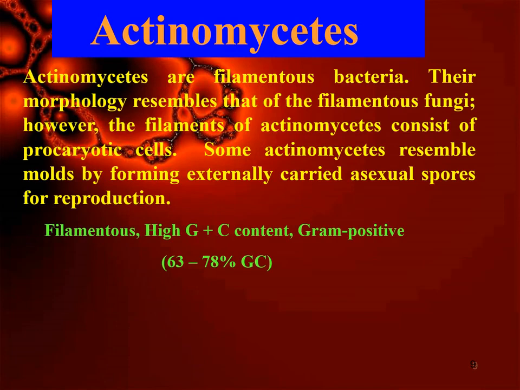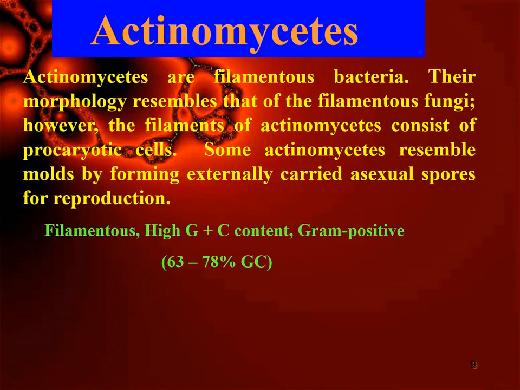Actinomycetes are filamentous bacteria. Their morphology resembles that of filamentous fungi. However, the filaments of actinomycetes consist of prokaryotic cells. Some actinomycetes resemble mold by forming externally carried asexual spores for reproduction.